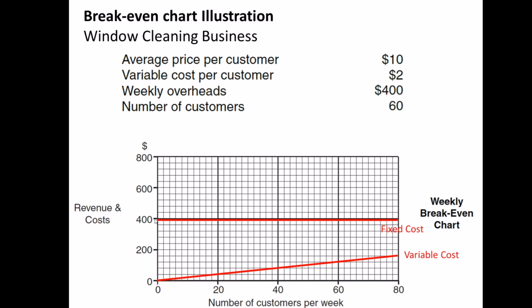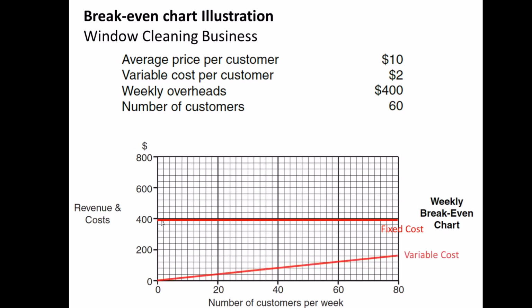But at the end, you still have to pay that $400. So with that being said, your total cost at 0 will be 400. It's so simple. You just have to put another curve just like your variable cost, same pattern.